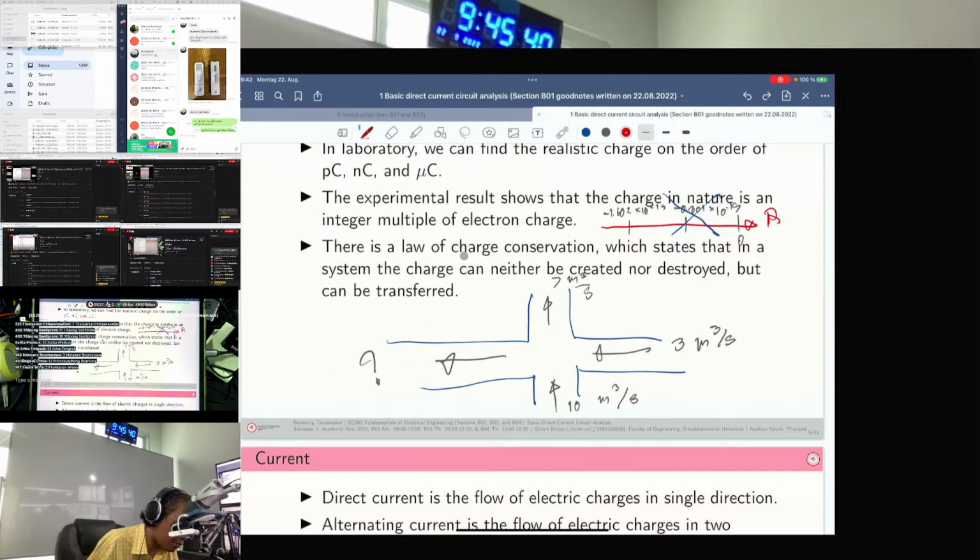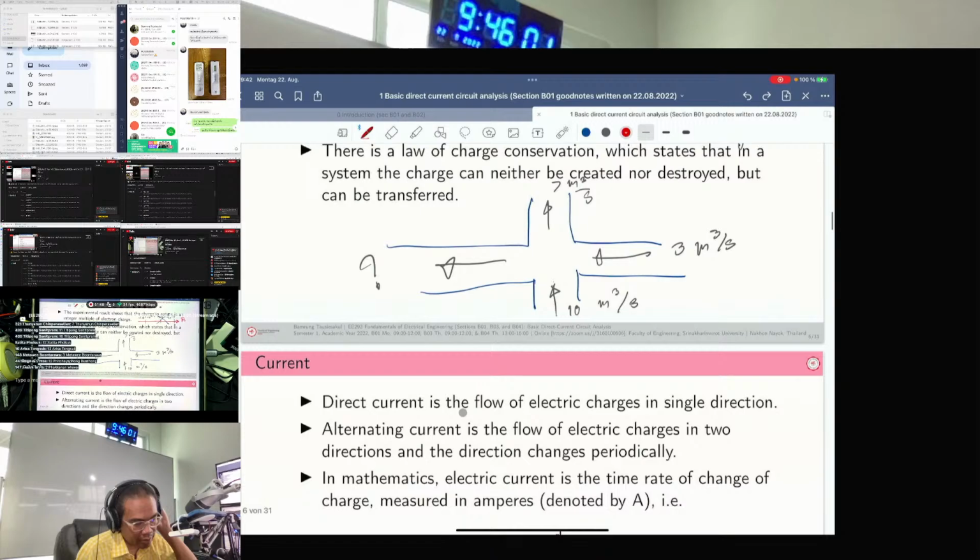Okay, and that's the law of charge conservation. At this area, the charge cannot be destroyed and cannot be created too. Okay, there will be no charge appearing or disappearing around here when it is flowing.